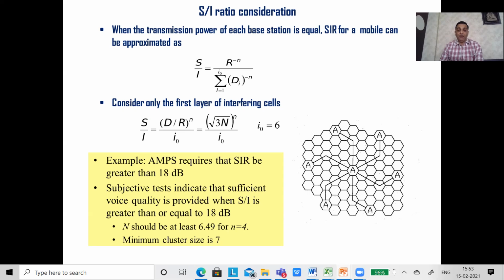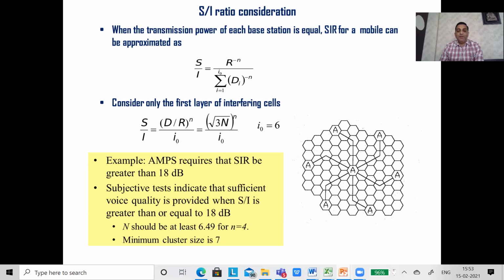But then how will you calculate that the minimum cluster size requirement is 7? You are provided with the S by I ratio, which is 18 dB. You are aware that I0 is 6, since 6 co-channel cells are located.